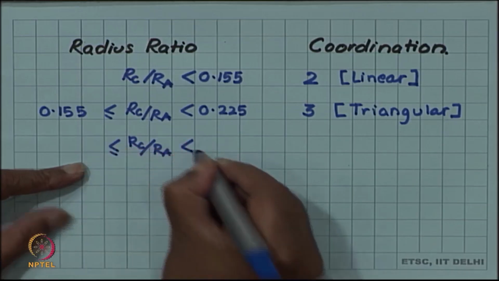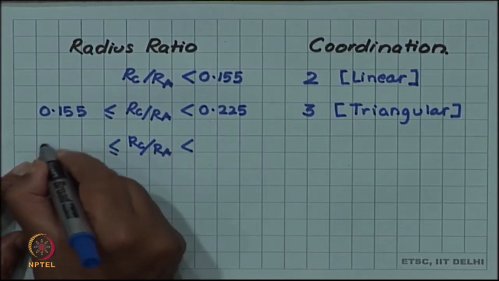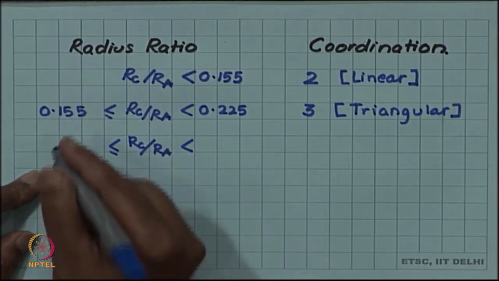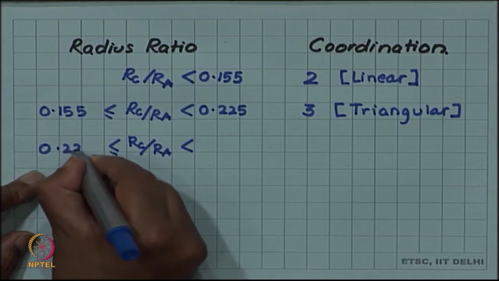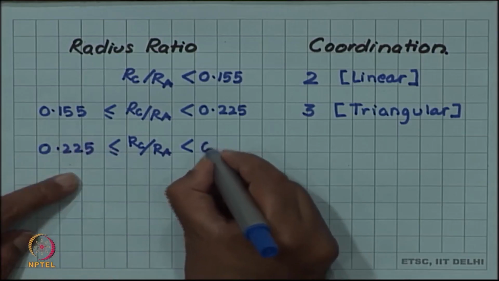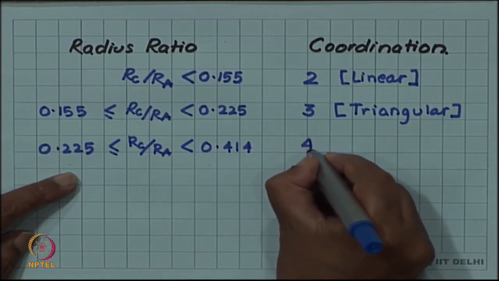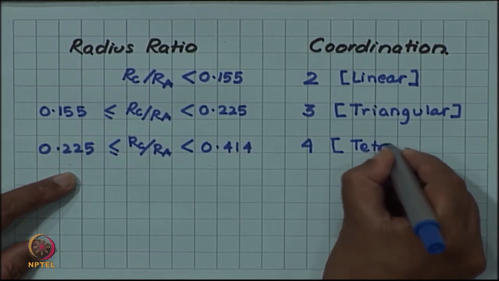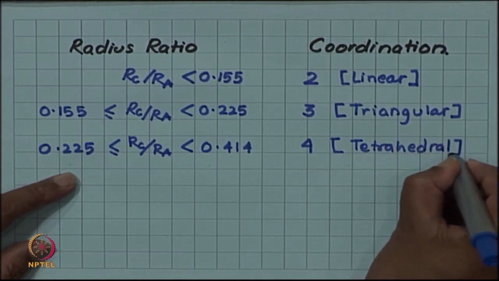We are just summarizing what we discussed in the previous slides, rewriting everything in a single table. So, if you have greater than or equal to 0.225, but less than 0.414, then you have a coordination of 4, and that is tetrahedral.